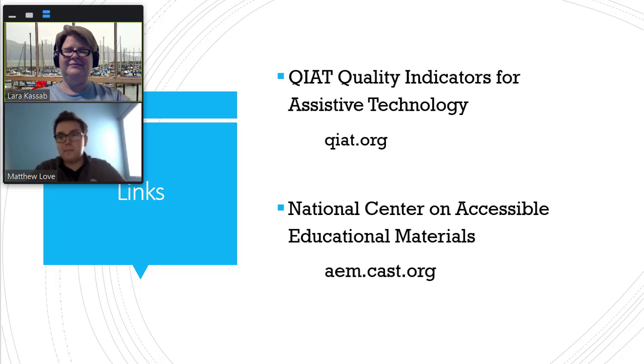And there's forums there that say, here are some ideas that I have for implementing assistive technology. Someone will say, here was my experience. So, think about social media communities of practice, professional learning communities where people are sharing ideas. A lot of that is housed at the QIAT website.